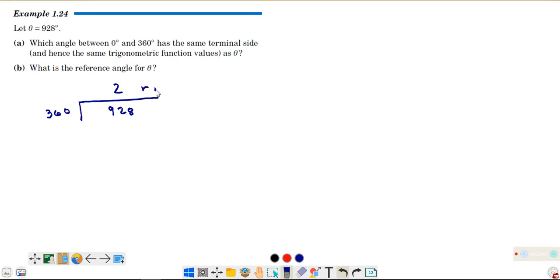Tuloy na nga natin. Meron tayong 720. 928 minus 720, meron tayong 208. So, yung remainder natin dito, 208, will be our guiding angle sa pagko-construct.